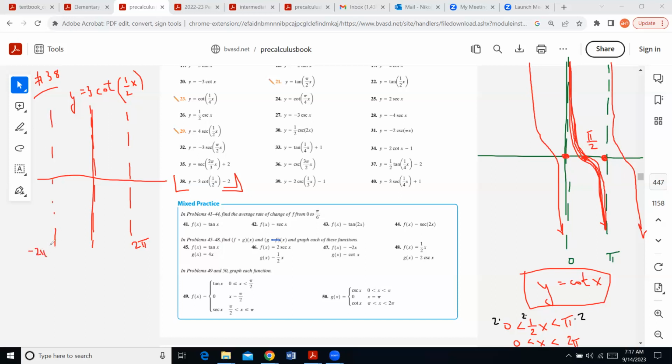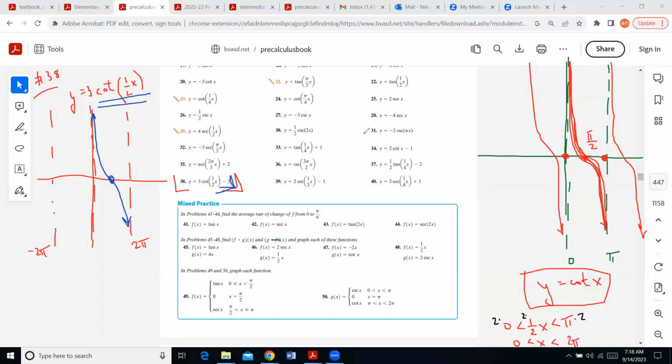But the point of the story is now we need to get a tangent. Oh, sorry, cotangent. 3 times cotangent. So in between will be here, and it will go down and up. That's your cotangent without -2. So give it -2.